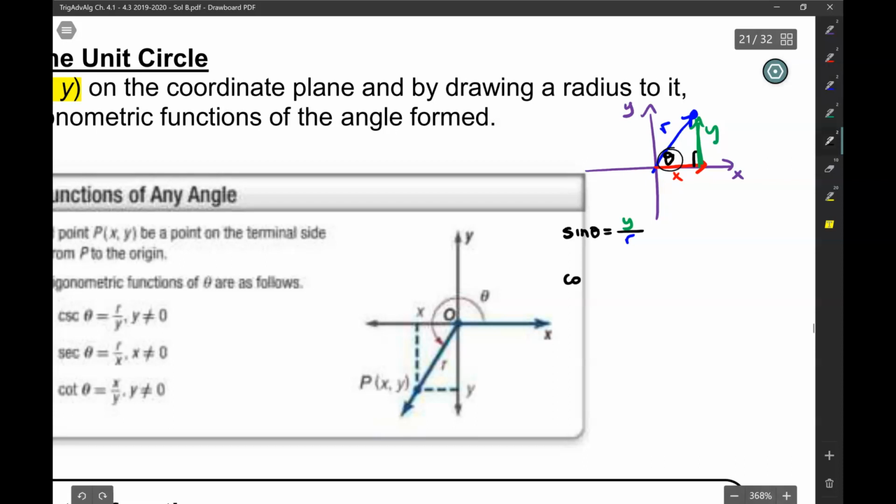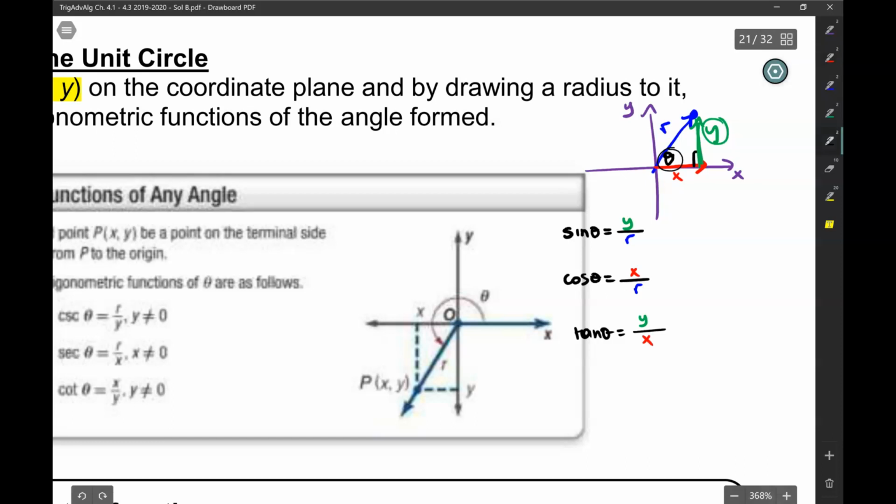So cosine of theta, that's adjacent over hypotenuse, so it's x over r. Tangent of theta is opposite over adjacent, y over x.